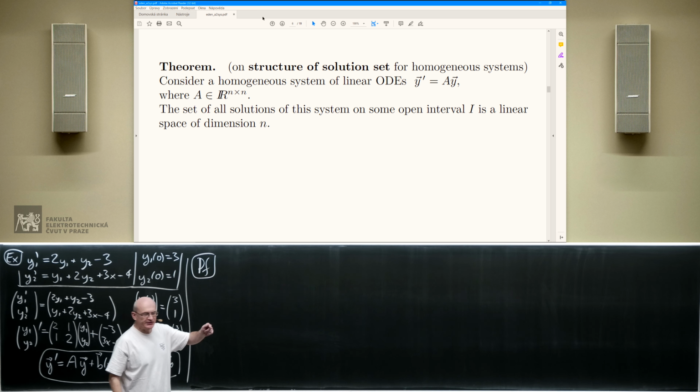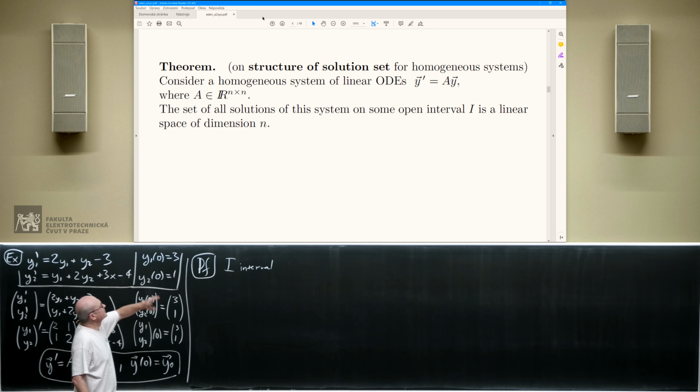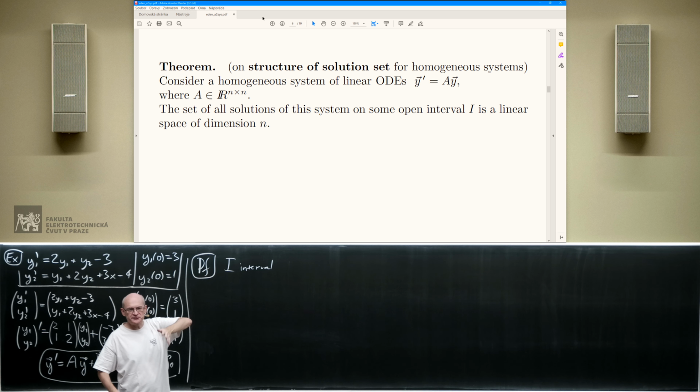So we have some interval, and we are interested in solutions on this interval. Actually, when we look at the system, there is no right-hand side, just the matrix A, and it has constant coefficients. So the solutions exist on the whole real line. So I could be talking about solutions on R, but sometimes we have to restrict ourselves because we are then adding YH to YP and so on.